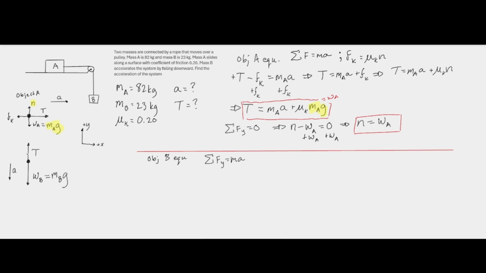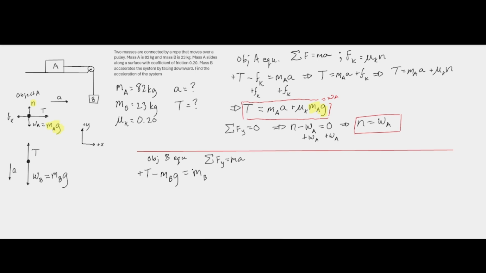Okay, so what forces do we have? Well, we have a positive tension force minus this downward force, which is the weight force, and that is the mass of object B times gravity. And that's equal to the mass of object B times the acceleration.